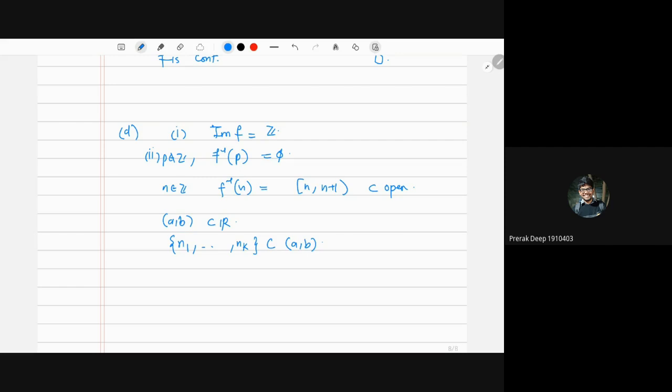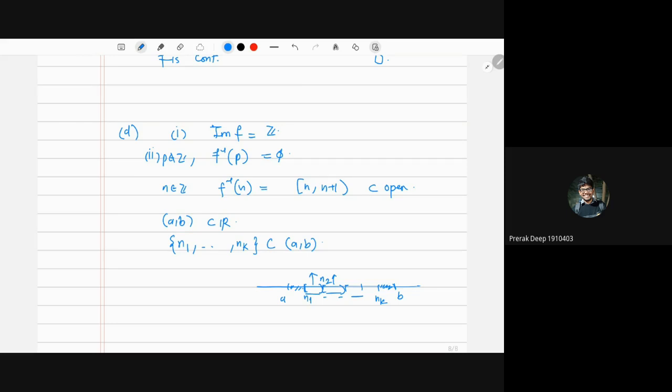Let's say this is the interval (a, b), and it has n1 up to nk many integers in it. If you look at the pre-images of this interval, you will get an open set. It will be the union of these open sets, the pre-images. Before n1 and after nk the pre-image will be empty, so it will be nothing but a union of open sets. So it will be an open set.